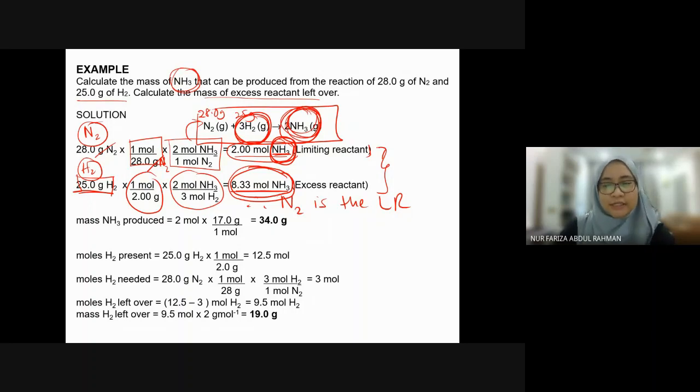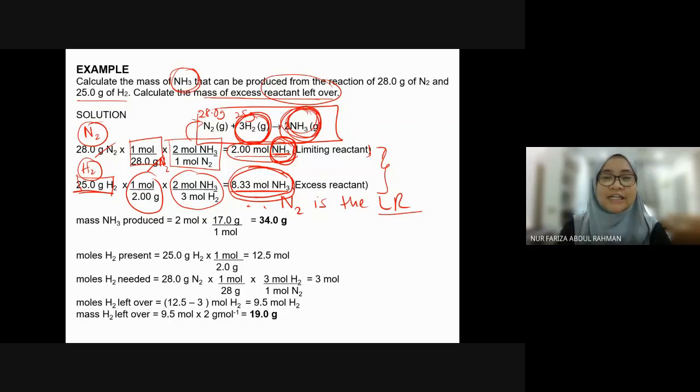So we already know the limiting reactant. Alright, next. The question doesn't ask for the limiting reactant, but in order to know this, we need to determine the limiting reactant. Next is finding the mass of excess reactant left over. Like I said just now, before you want to know the amount of leftover, you need to know how much is being used.